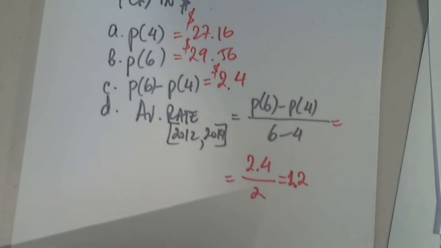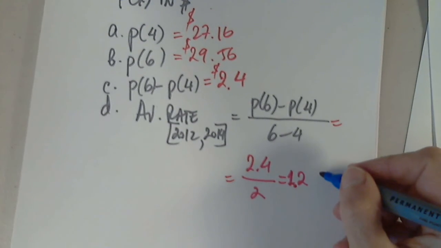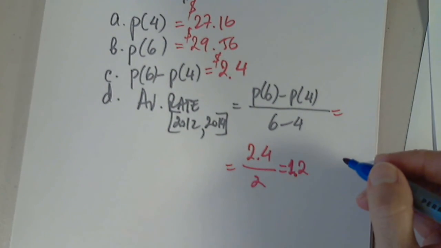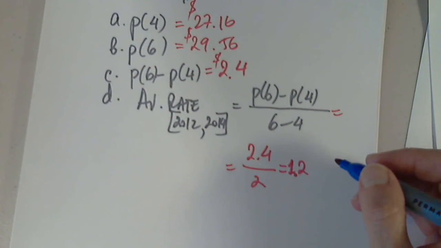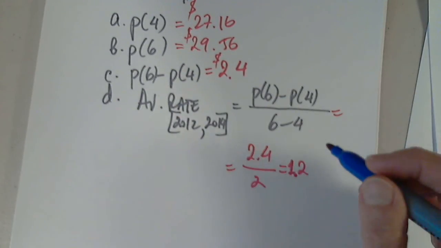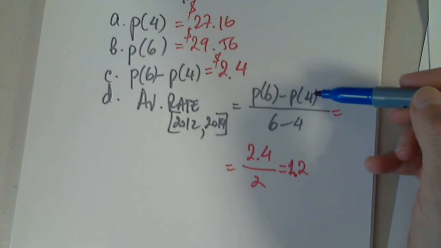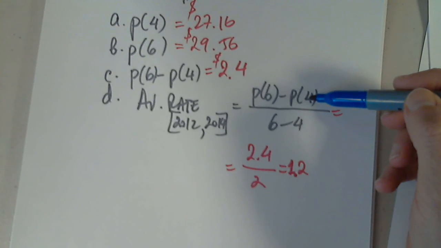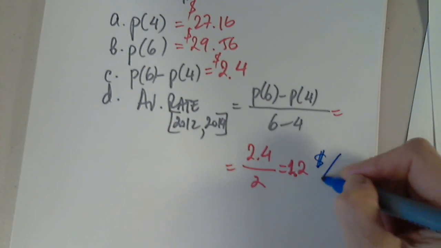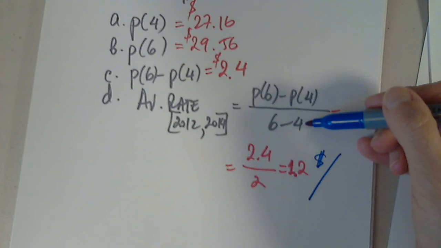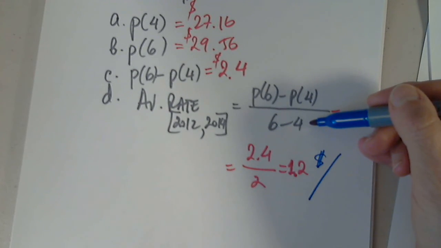And then I would like to, yes? Say it again. The change in dollars. So it has to have 2 measurement units. What is the measurement unit for the top? Dollars. Very good. What is the measurement unit for the bottom of the fraction, the denominator?